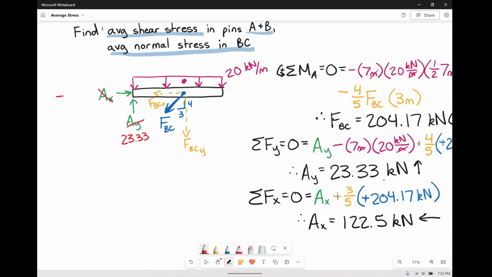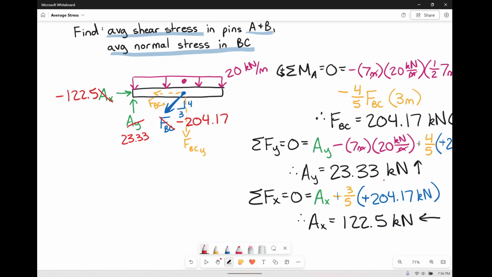AX, we're going to say he's negative, so we know the direction's wrong there, 122.5. And FBC, we're going to cross him out, and he is negative 204.17. Okay, so when you are going through, don't necessarily change the arrows, just keep your plus and minus with you and all will be okay. So now we found our forces.